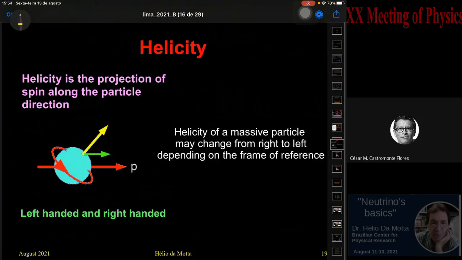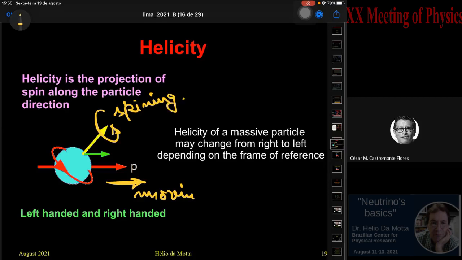The spin, for all practical purposes, is not like that. Let's think of a particle spinning. The particle is spinning here, and at the same time it's spinning, it's moving in a direction, moving here.